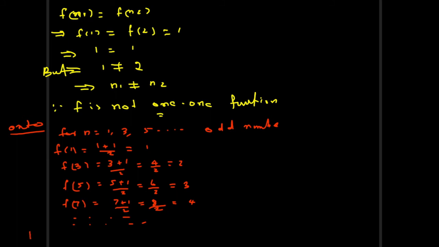In all these cases, what is f of n? The range is 1, 2, 3, 4, etc. Okay, clear? Next, for n equal to 2, 4, 6, 8, etc., that is even numbers, what is f of n? f of n equals n by 2.